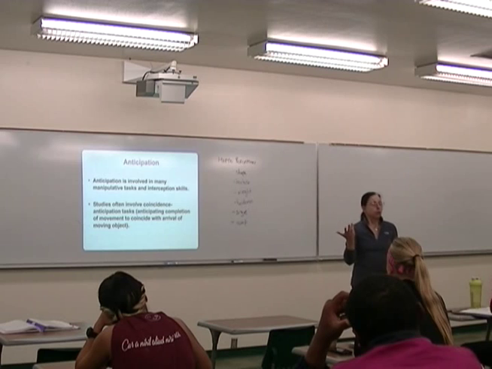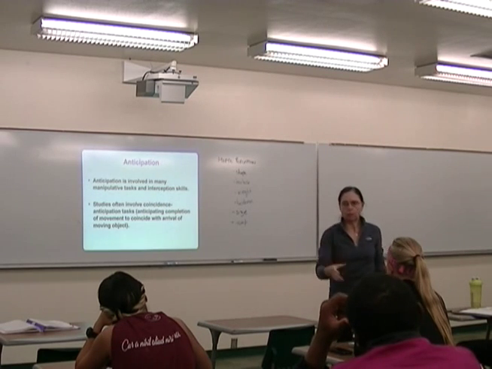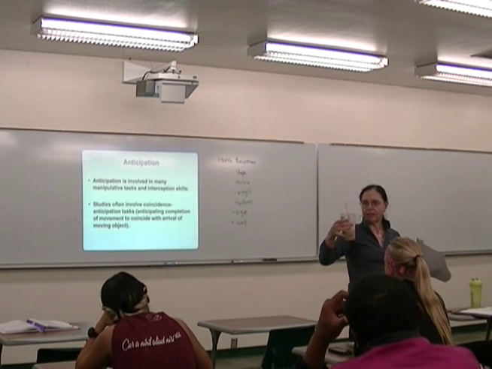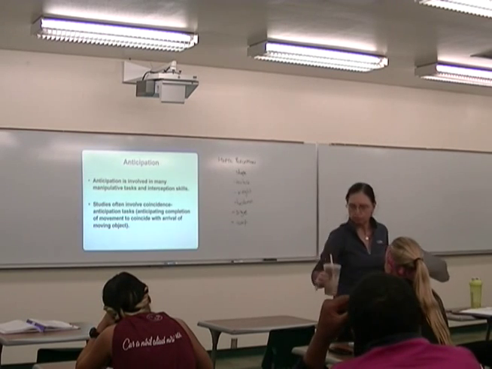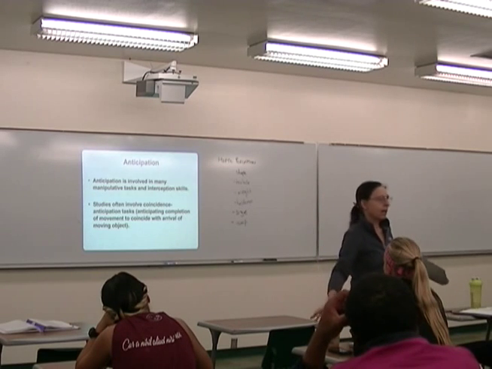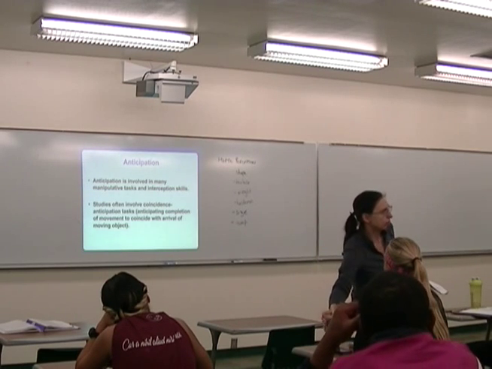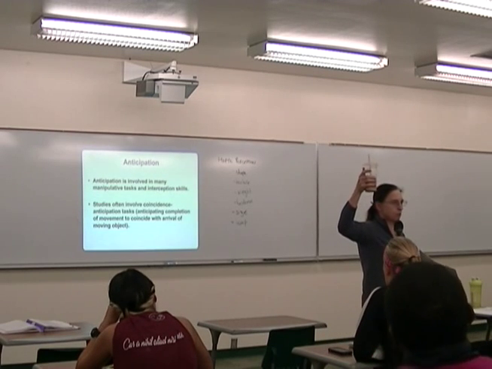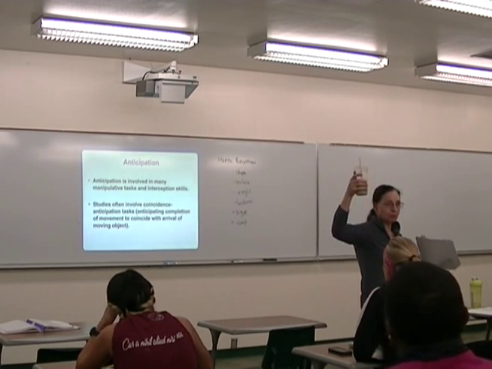So if I'm picking this up, I can do it visually and decide how I need to make my hand, or, if it's dark, I can feel the object and decide what I have to do with my hand in order to pick the object up.